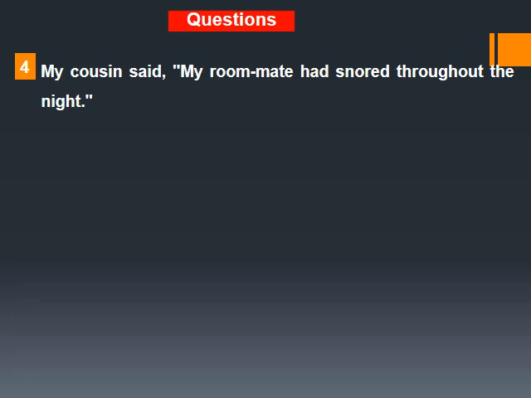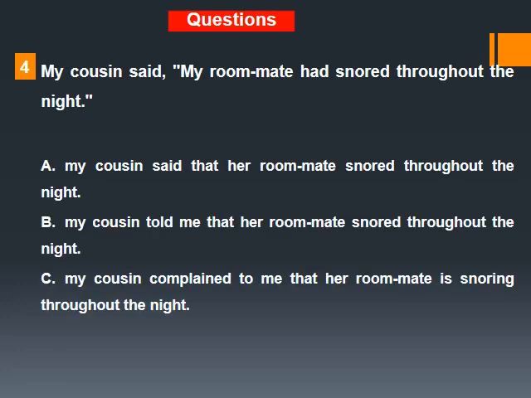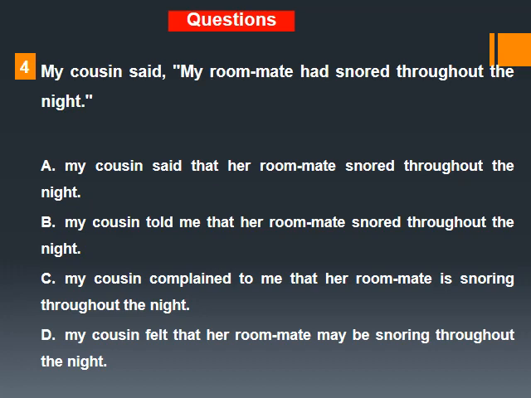4. My cousin said my roommate had snored throughout the night. Direct speech. A, B, C, and D, nowhere are there quotations. Let us see. My cousin said that her roommate snored throughout the night. My cousin told me that her roommate snored throughout the night.